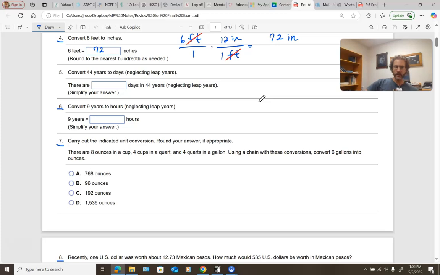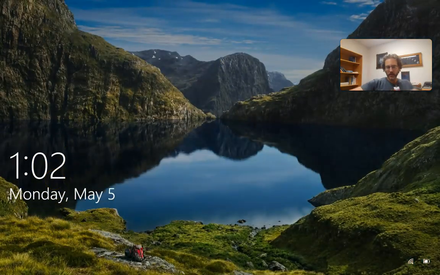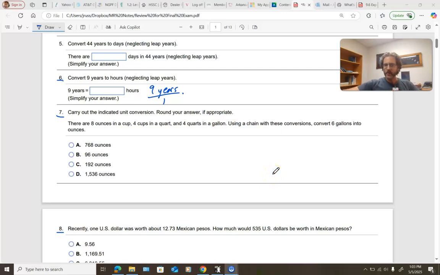We're going to skip number 5 because it's just like number 6. Number 6, convert 9 years to hours, neglecting leap years. Okay, so we're going to assume every year has 365 days in it. So let's start out with 9 years. Put that over 1 times. Now we need to go from years, which is a larger unit of time, to a smaller unit of time.